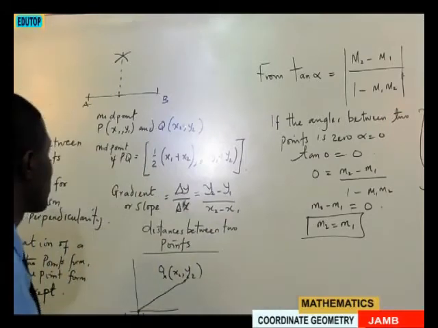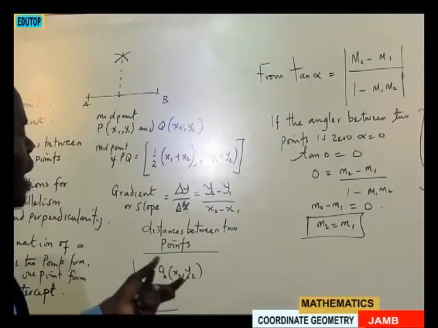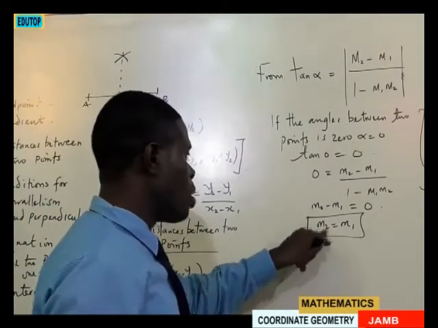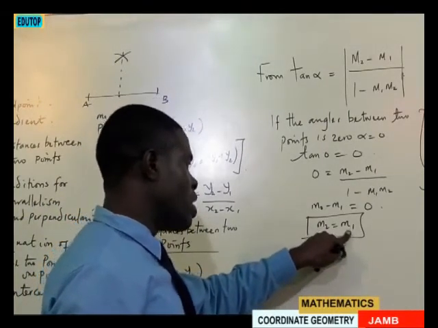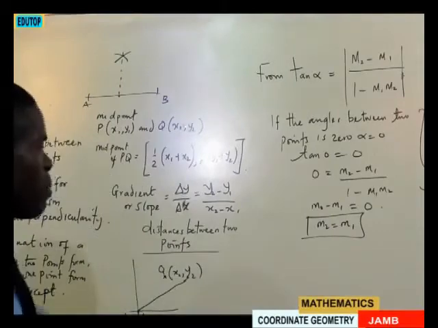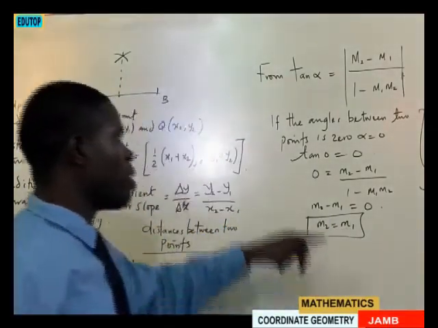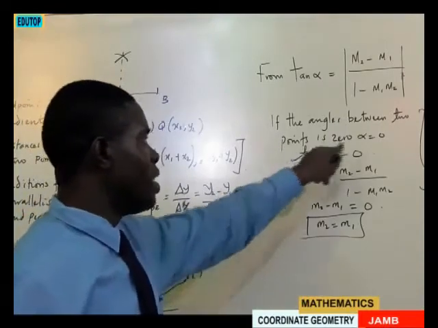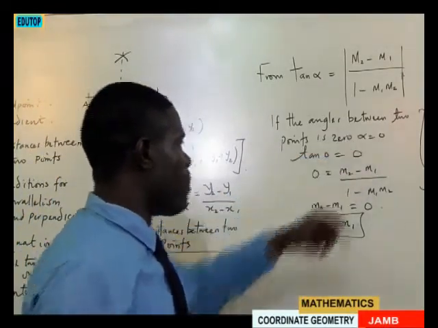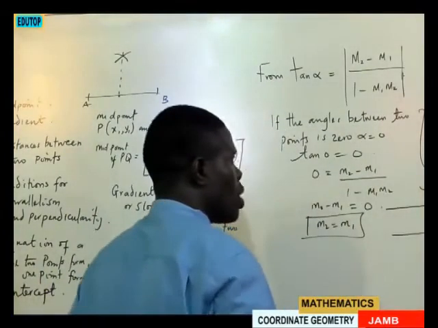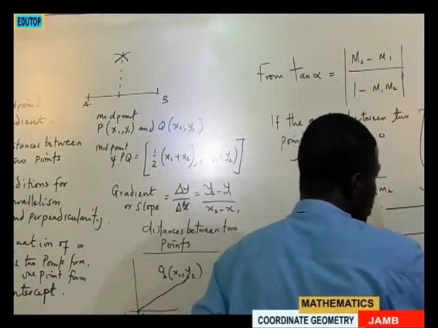Before two lines can be said to be parallel, the gradients of the two must be equal. Because m is the gradient, m2 must be equal to m1. When two lines are parallel, they can never meet, so the angle between them is 0.